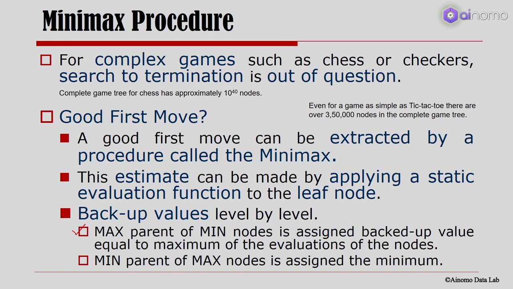This is because we expect the max player to maximize his gain. The min parent of the max nodes is assigned the minimum because the min player is looking to get to the minimum of the boards.